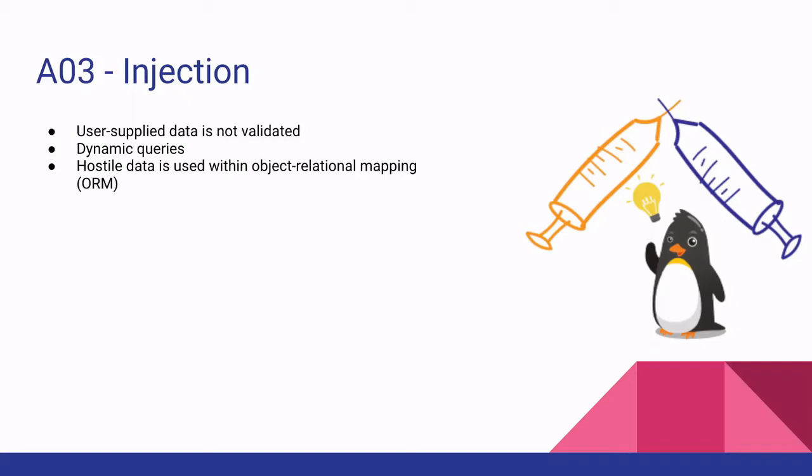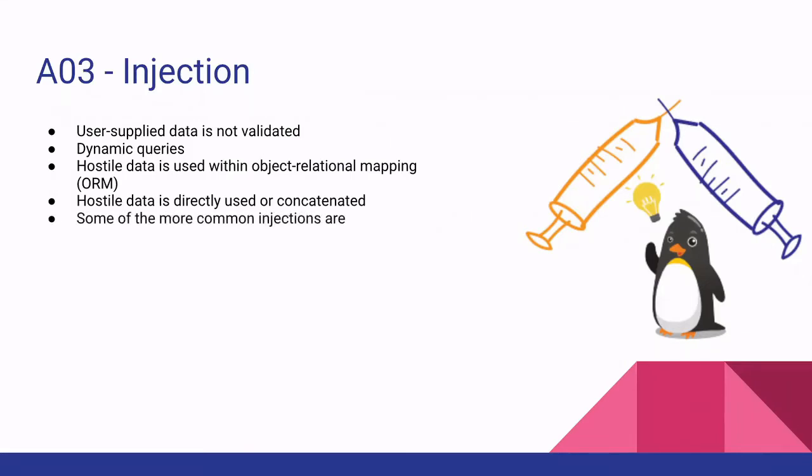Also, hostile data may be used within ORM parameters to search sensitive records. Or hostile data is directly concatenated into queries. This applies to all different types of databases, or even the OS, where command injection is possible.